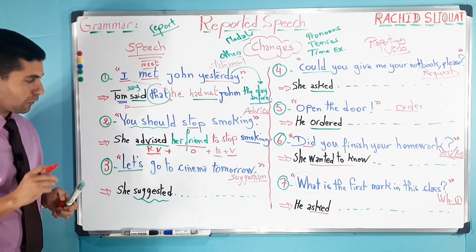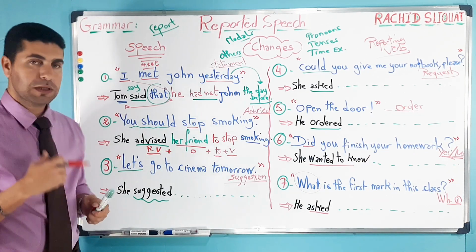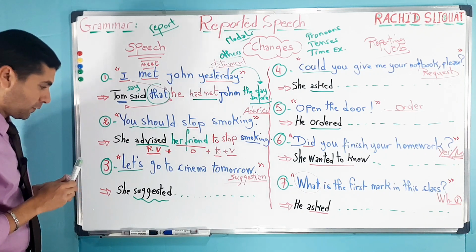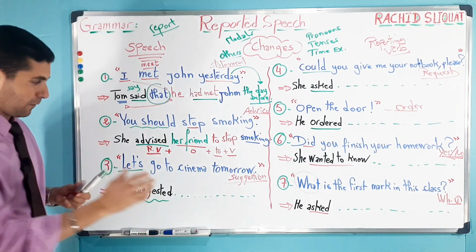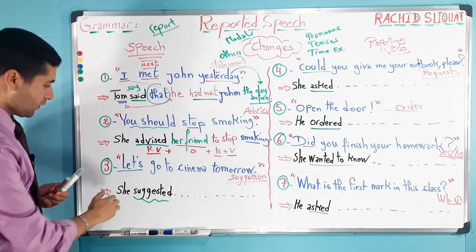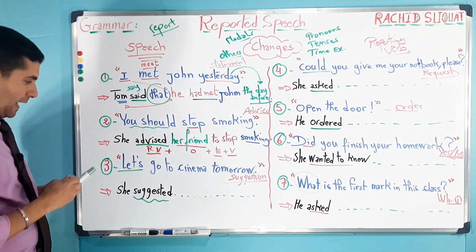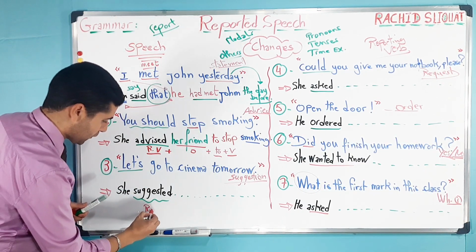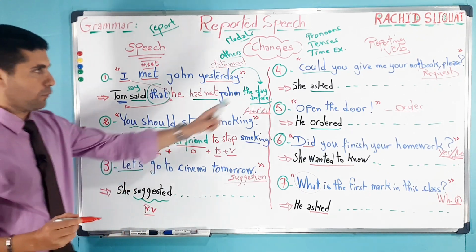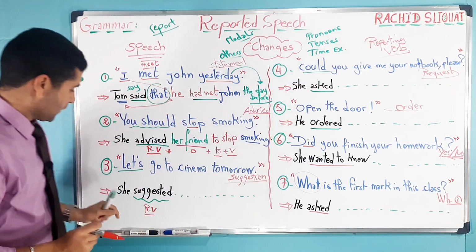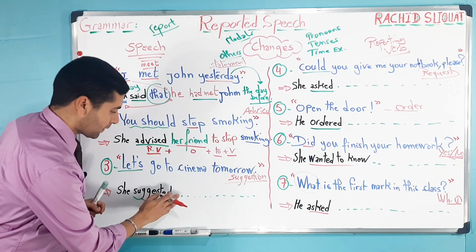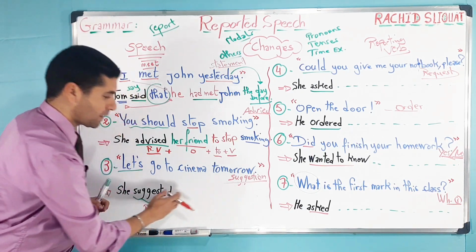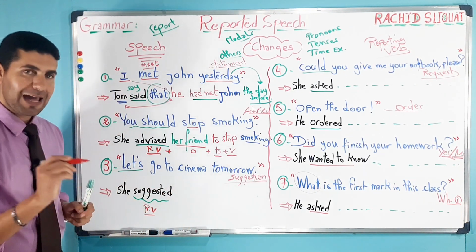Number 3, let's go to cinema tomorrow. As I said before, it is a suggestion. She suggested, so here we have the reporting verb, okay? She suggested, the verb suggest is most of the time plus ing form.